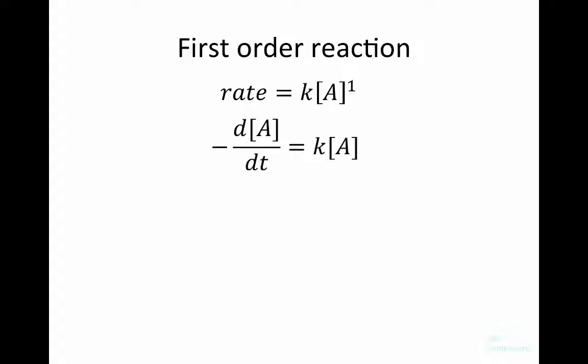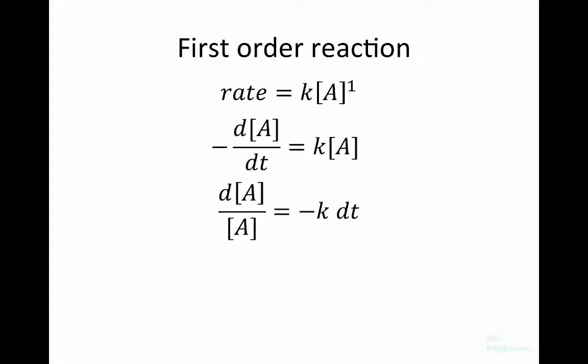We're talking about rates of change, but sometimes it's really helpful to have things in terms of just plain concentrations, not changes in concentrations. And so what we want to do is integrate this. Before we do that, we need to do some rearrangement here.